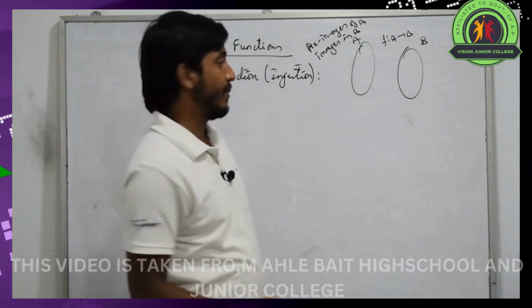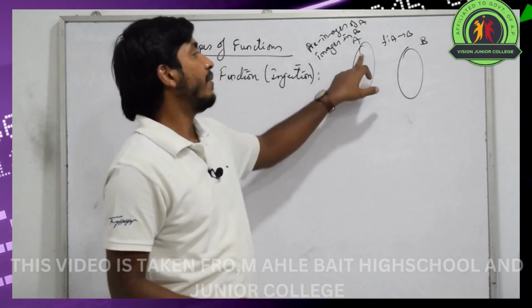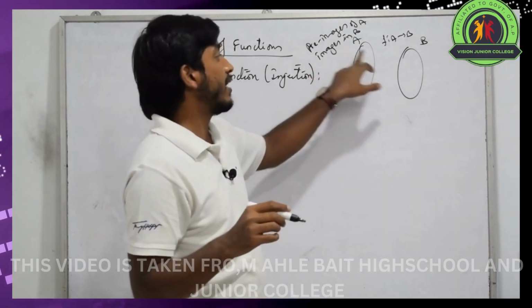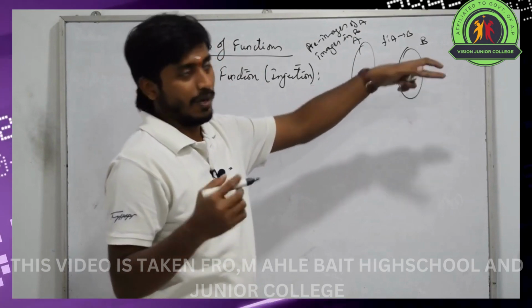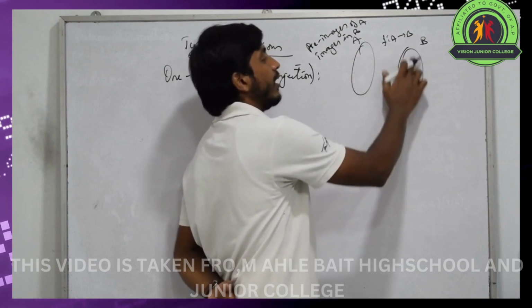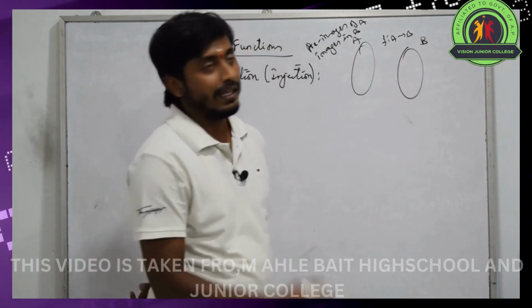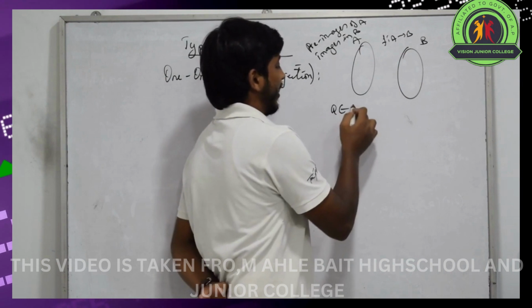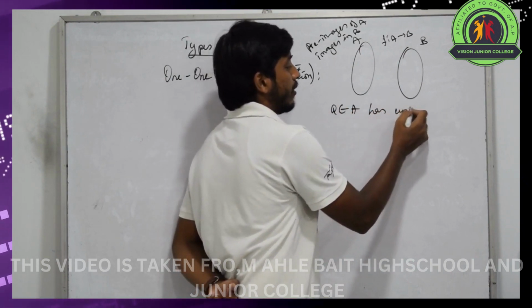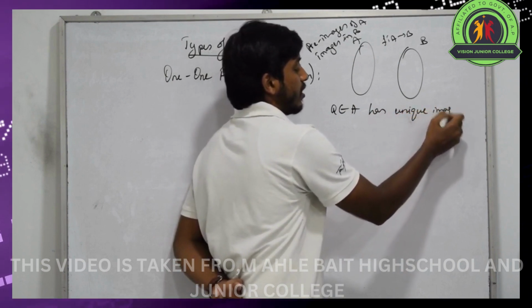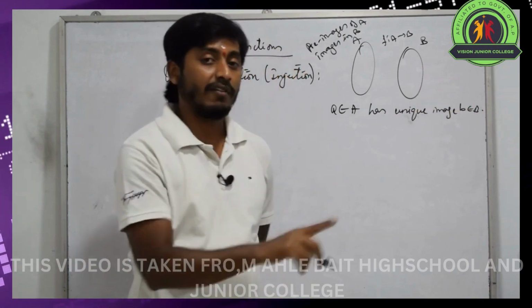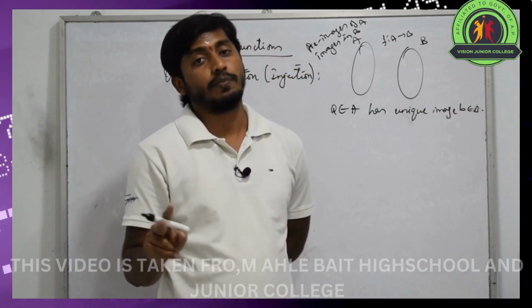Clear? Now just remember, each and every pre-image in A should have a unique image in B. Once again, every pre-image in A should have a unique image in B. In technical terms we can remember it like this: for every a belongs to A, there is a unique image b belongs to B. Which means for every one input you have to get only one output.